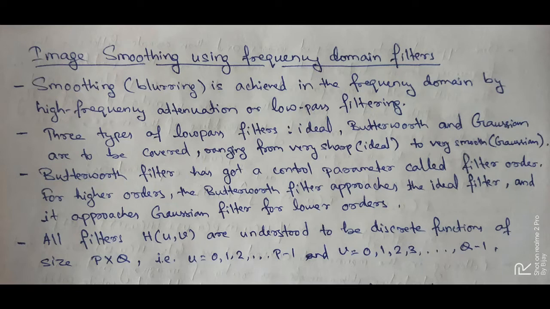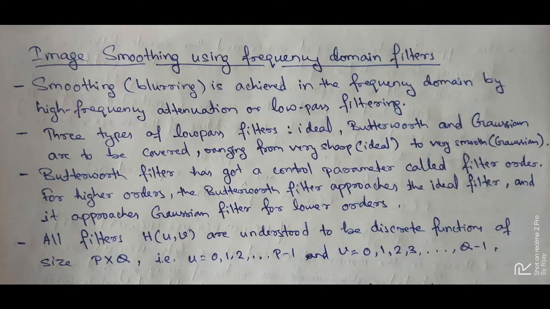You will see that the ideal low pass filter has a sharp transition of response, whereas if you see the frequency response of the Gaussian low pass filter, the frequency response changes very slowly, the Gaussian low pass filter's frequency response changes very slowly.